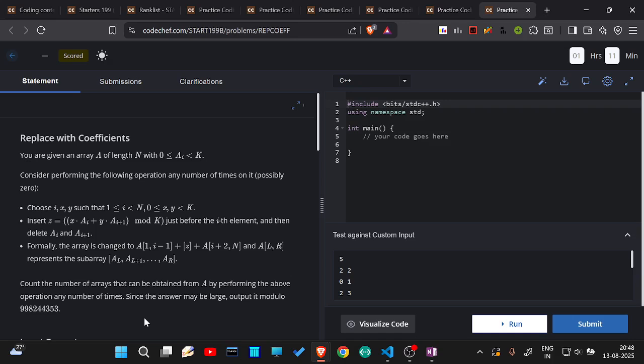Okay, number of distinct arrays you can get.